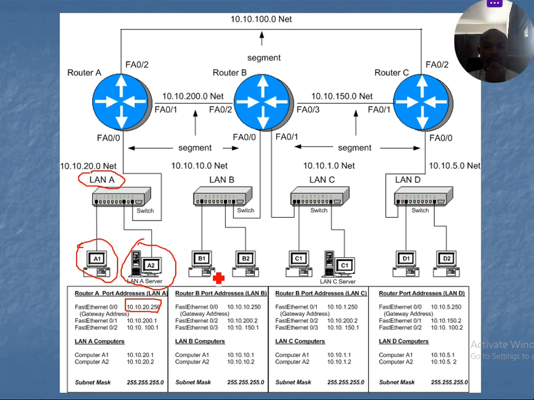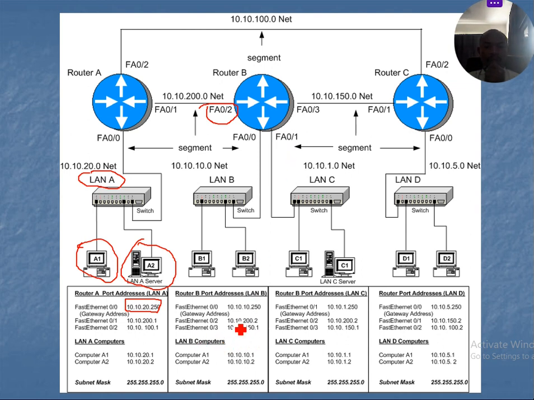The same applies to router B. Router B receives through 10.10.10.250, and that's the gateway address. It has fast Ethernet interface 0/2, with its own IP address, 10.10.200.2, and so forth.